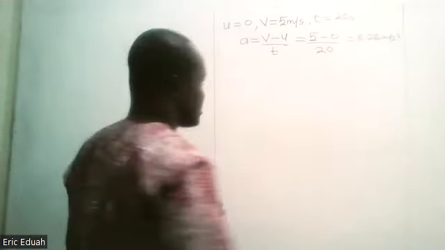All right. Then we have to calculate the total distance covered by the body. Let's use the trapezium rule. So total distance can be obtained using the area of this trapezium. What is A?